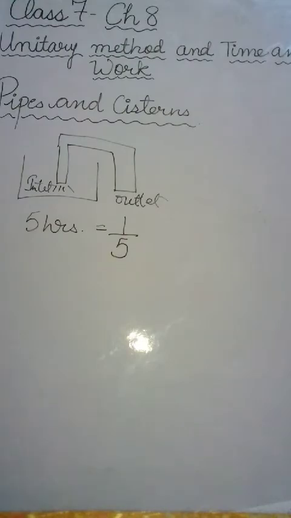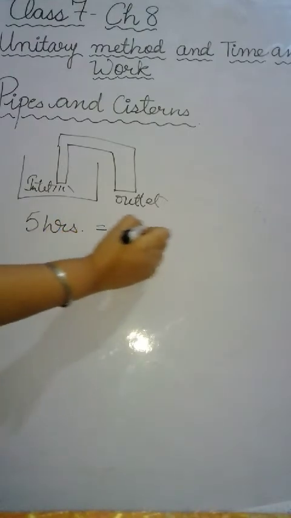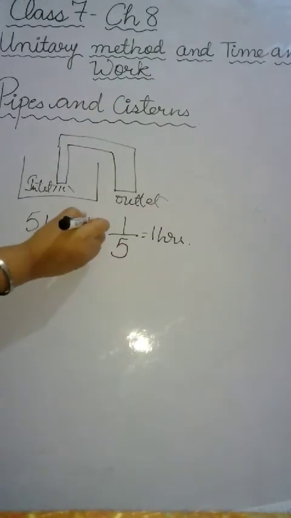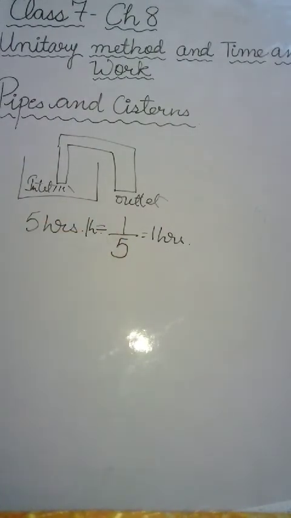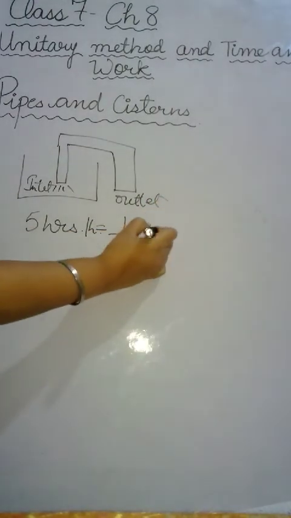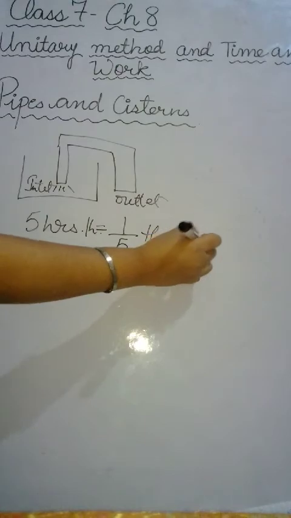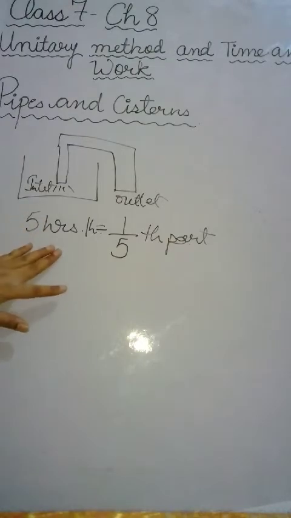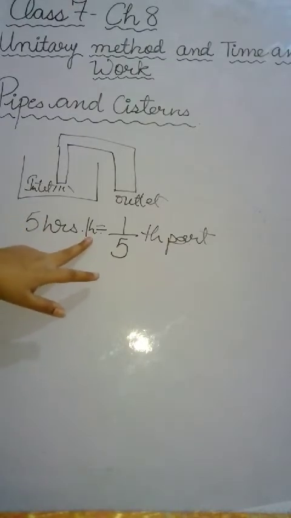In 5 hours it fills the tank, and in 1 hour the pipe is going to fill 1 by 5th part. Got it? In 1 hour it will be filling 1 upon 5th part.